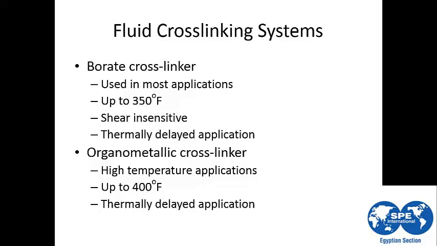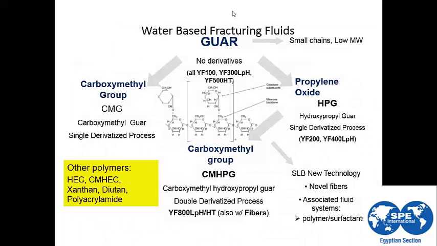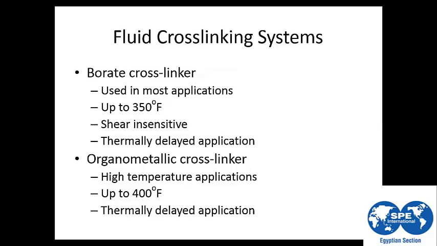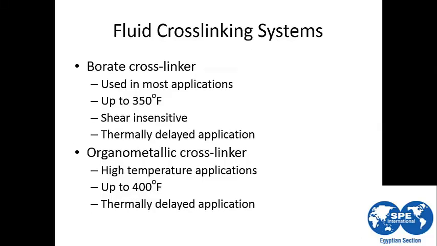So the previous slide showed the classification of the water-based fracture fluid according to the gelling agent. Then we can classify the fracture fluid according to the crosslinking system. We have two types of crosslinkers.